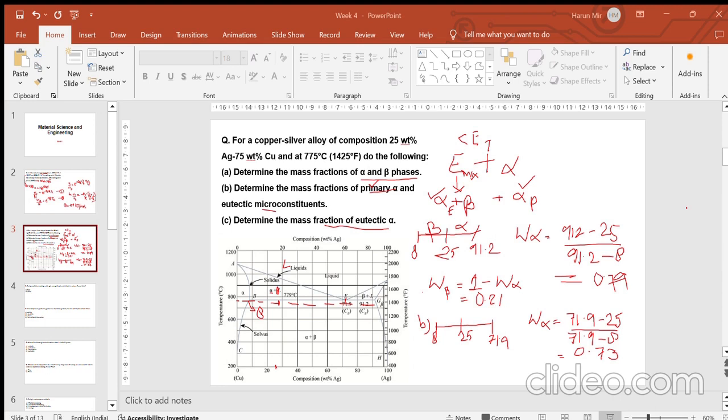Okay. Ma'am, would you highlight the solvus line of this diagram? Will it be only BC or will it extend up to P point? The solvus line is this BC.